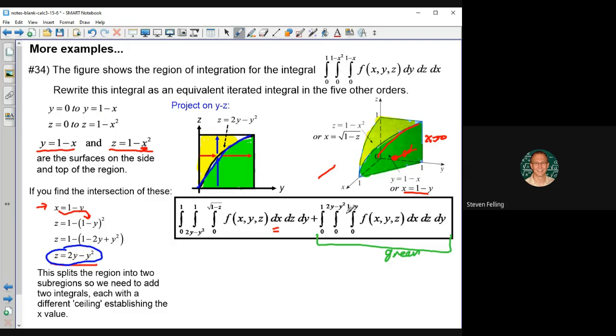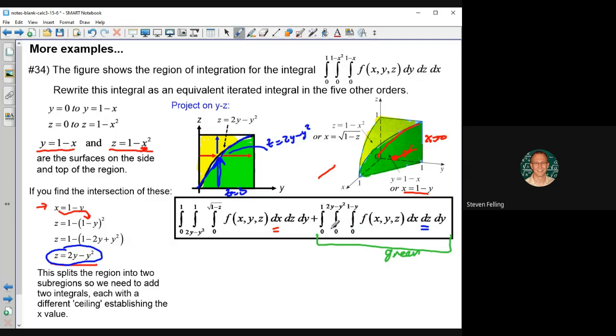All right, so let's work on the green one first. So for the green one, let's decide to go z first, for example. If I wanted to go z first, I would have to cover this green region only with a blue arrow, starting at z equals 0 and ending at z equals 2y minus y squared, the projection of the surface intersection down on the yz plane.